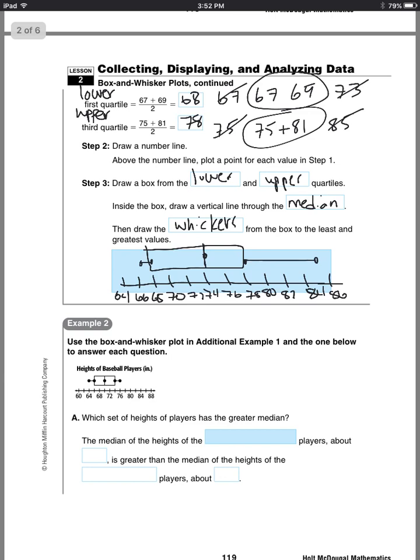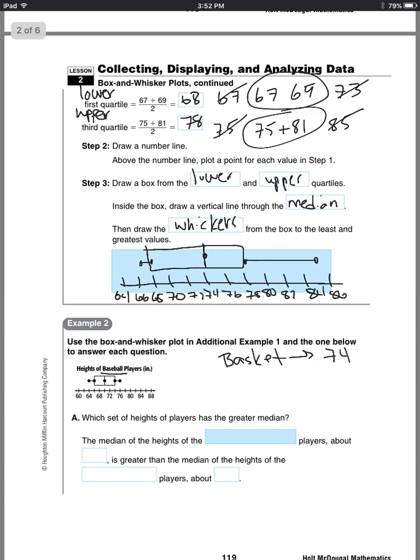Use the Box-and-Whisker plot in additional example 1 and use the one below to answer each question. Which set of heights of players has the greater median? Okay, so these are heights of baseball players, and before we had the heights of basketball players. So we remember, if you look on your first page, the median height of the basketball players was 74.